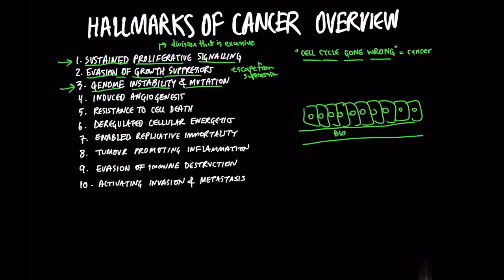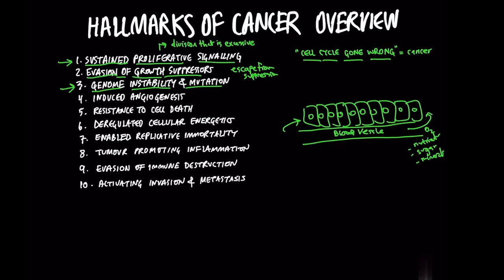This is your blood vessel. Now all cells need blood because the blood contains oxygen, nutrients, sugar, minerals, and many other things that cells, whatever type of cell, need.